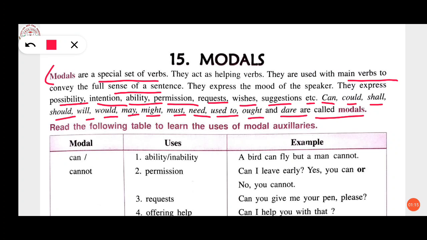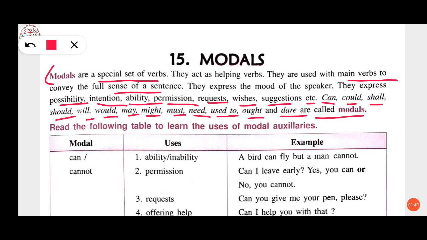So, students, what is given here is that a modal verb is a type of verb that is used to indicate modality. It is a special set of verbs, as given in the very first sentence. Without using modals we can't complete our sentence.